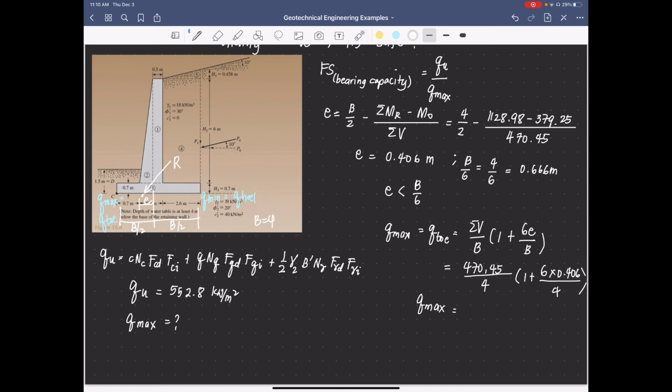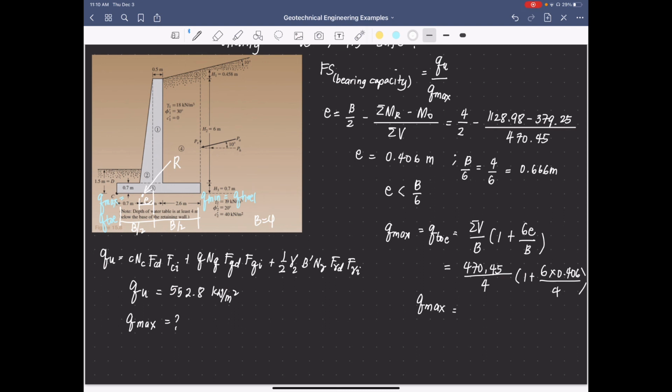And we can get a Q minimum, let me just write here, which is equal to 45.99 kilonewton per square meter. Okay, obviously, what we need are these two values here and here.